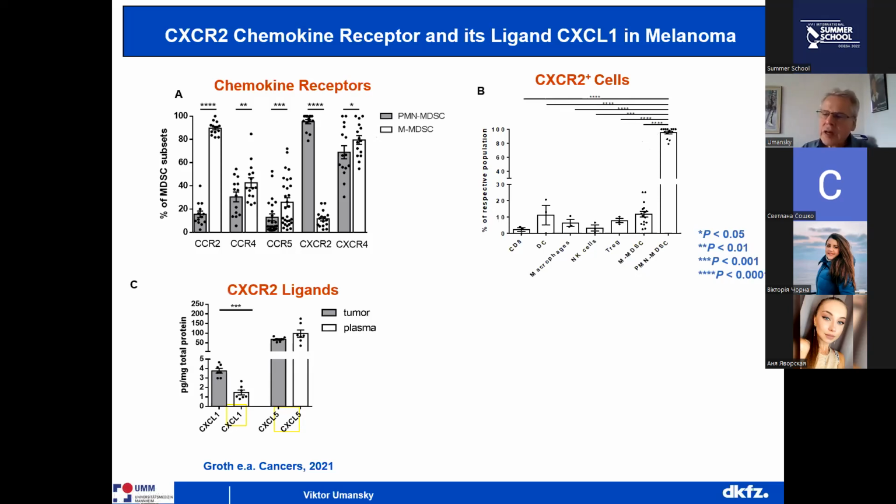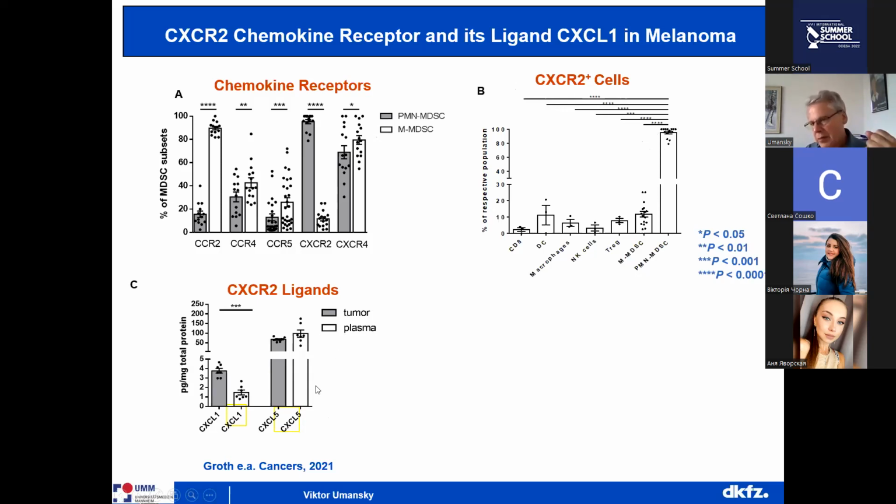Now, what about the ligand? We know that there are two ligands for the CXCR2 receptor, CXCL1 and CXCL5, and we found that there is a very strong, almost 4 times gradient between the tumor and plasma.